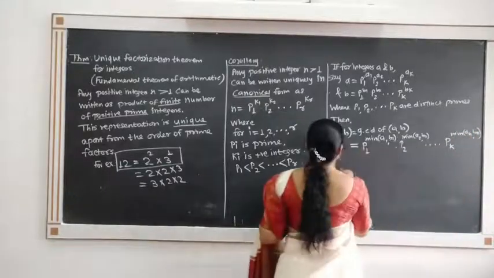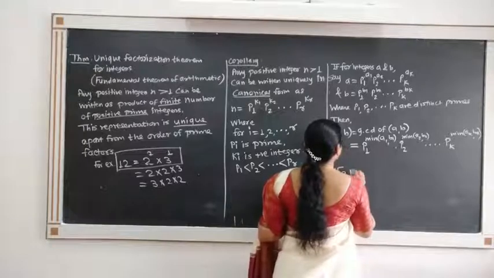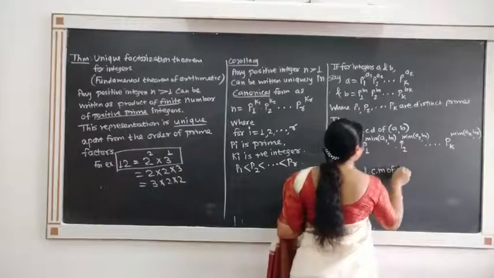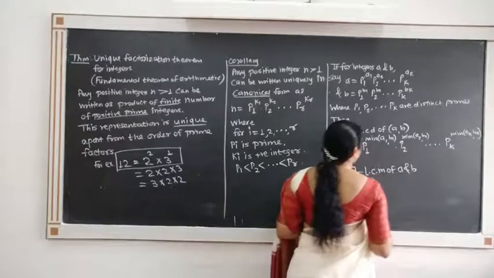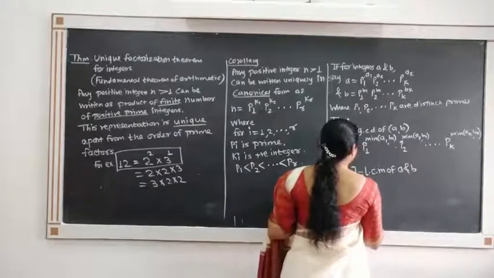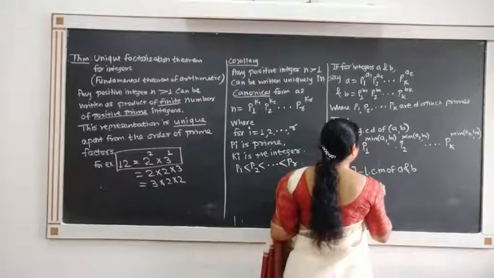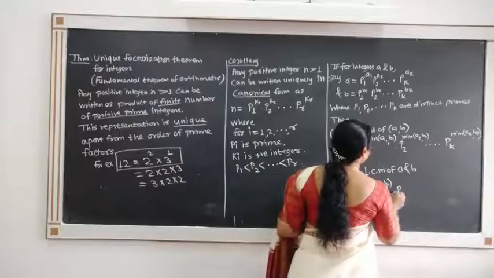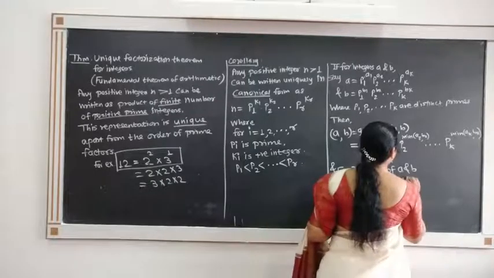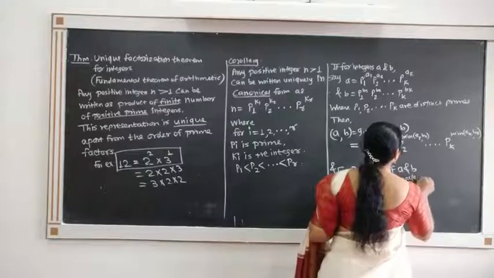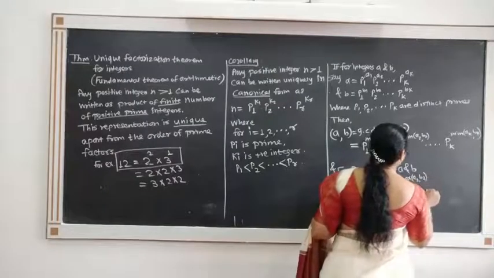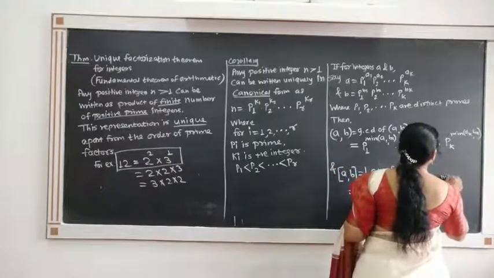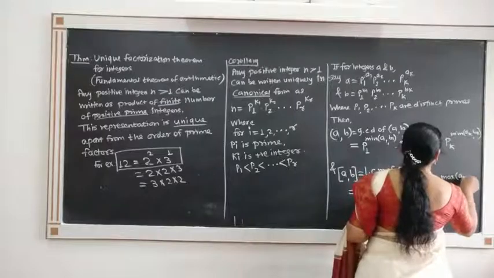And the LCM, we write it in square bracket, that is least common multiple of a and b, is nothing but p1 raised to maximum of a1, b1, into p2 raised to maximum of a2, b2, etc., pk raised to maximum of ak, bk.